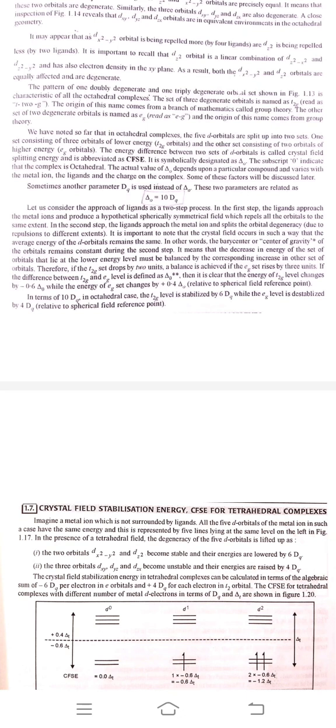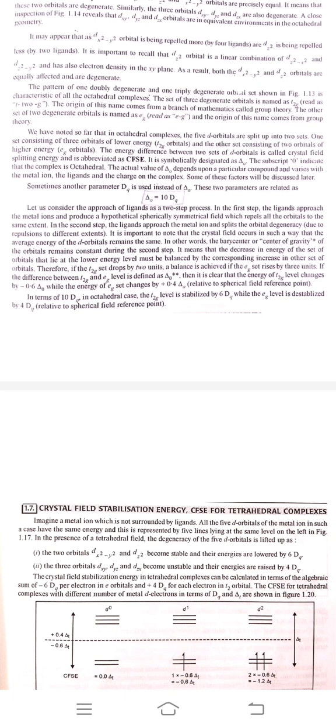The pattern of one doubly degenerate and one triply degenerate set is characteristic of all octahedral complexes. The set of three degenerate orbitals is named t2g. The origin of this name comes from a branch of mathematics called group theory.